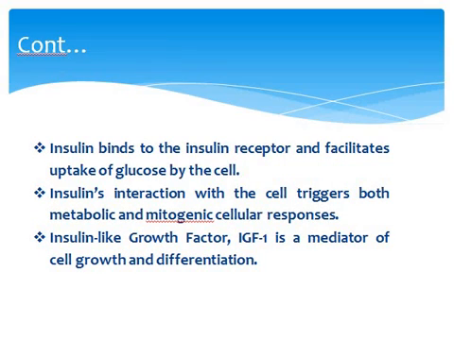Insulin binds to the insulin receptor and facilitates uptake of glucose by the cell. Insulin's interaction with the cell triggers both metabolic and mitogenic cellular responses. Insulin, like growth factor IGF-1, is a mediator of cell growth and differentiation.